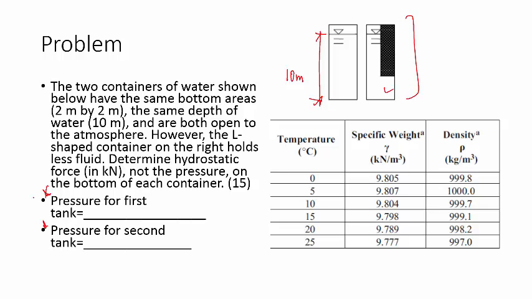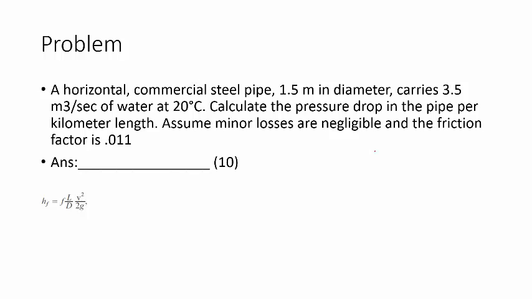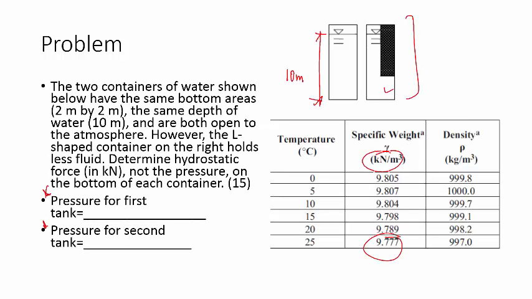So what we're going to see is, we can have this specific weight, and this is in kilonewtons per cubic meter. So let me do it here. The hydrostatic pressure is rho g H. It says nothing about if it's thinner or if it's wider, and the pressure here at the bottom is going to be the same in both tanks.